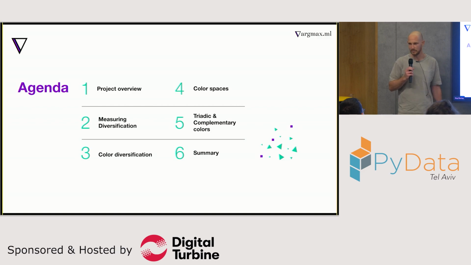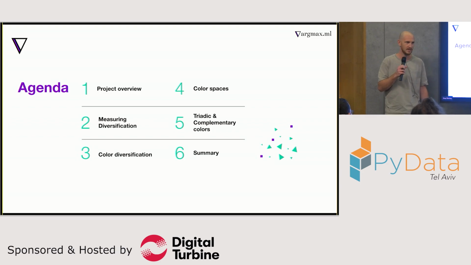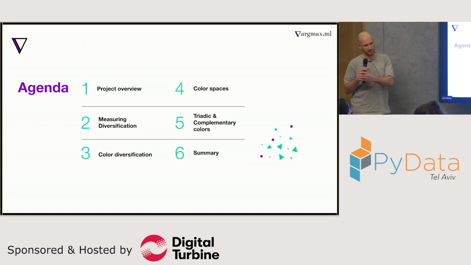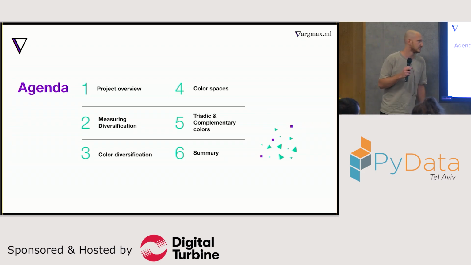So the agenda for today will be a project overview. At Argmax, in one sentence, we're a boutique consulting projects company. Startups and large companies come to us asking for help with data science projects, and we help them. We specialize in recommendation engines for the ad tech industry, content similarity search, stuff like that.